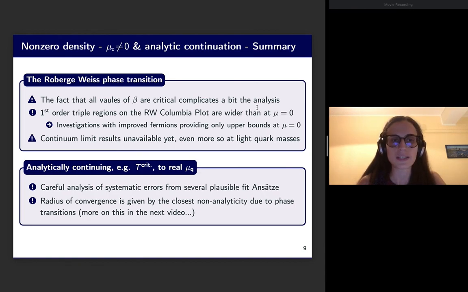And I mentioned that a careful analysis of systematic errors is mandatory because there are several plausible fit ansatz. And when you do analytic continuation, you always have to bear in mind that the radius of convergence is given by the closest non-analyticity due to phase transitions. But something more about this will come in the coming videos.